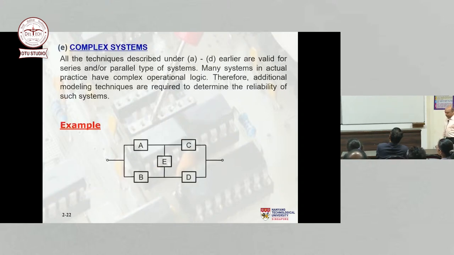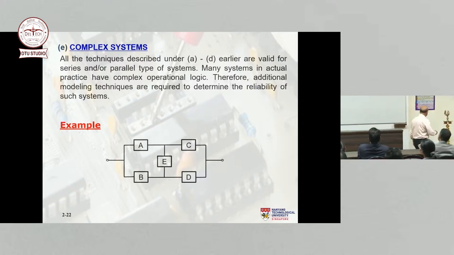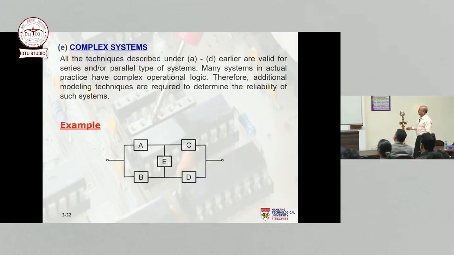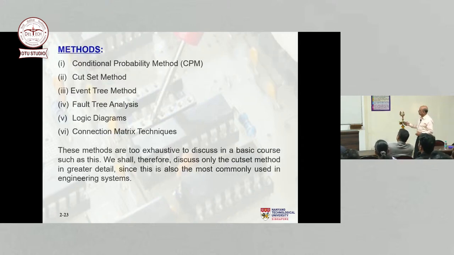Okay, now we move to more complex systems. Not series, not parallel, not series-parallel, not parallel-series, but any other type of configuration. This is the complex system that we have chosen for now, but still not that complex. Many systems in actual practice have complex operational logic, so we need additional modeling techniques. I'm using this example here.